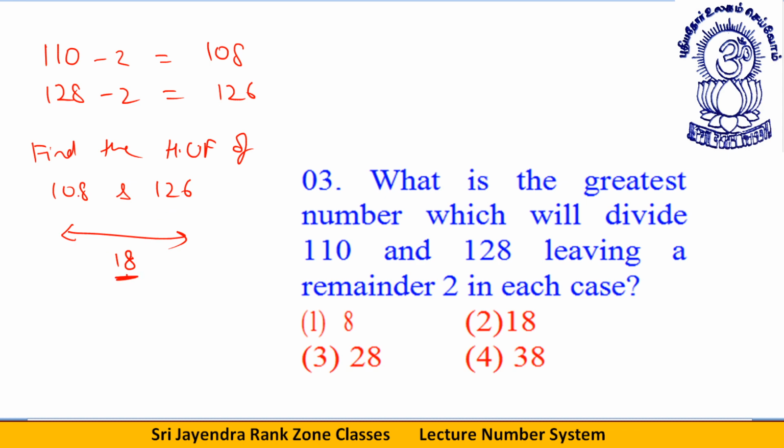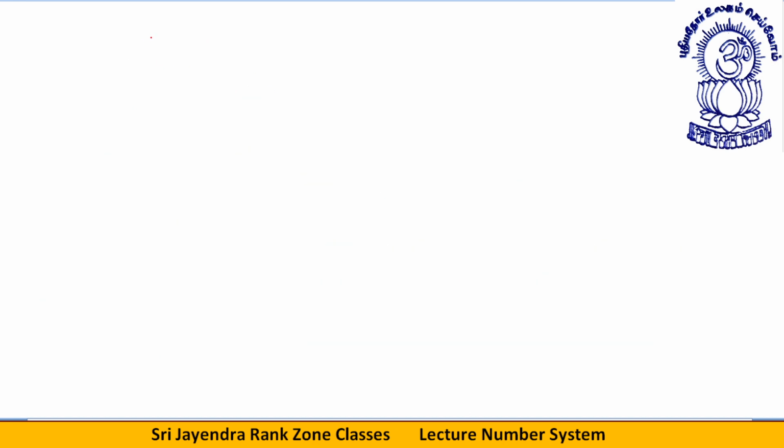Check, does this 18 divide? If this difference divides any of the numbers, 18 divides 108, therefore 18 is the HCF of both the numbers. Okay, dear students. Next question.